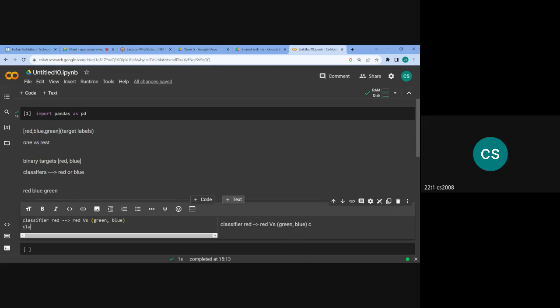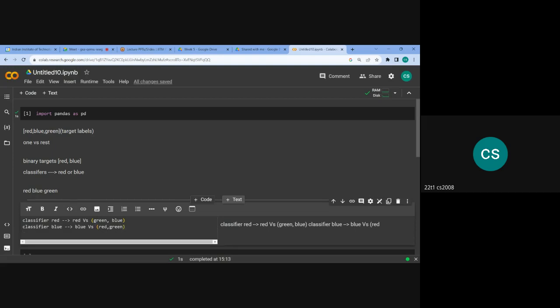I'll create another classifier, blue, which will identify blue, and on the opposite side will be the other categories, red and green. And one more classifier which will tell me whether it is green or not.